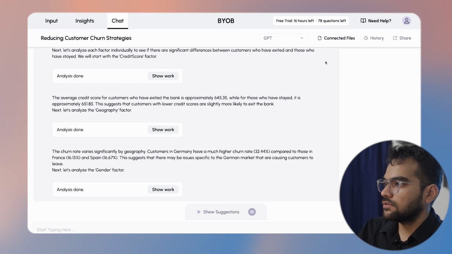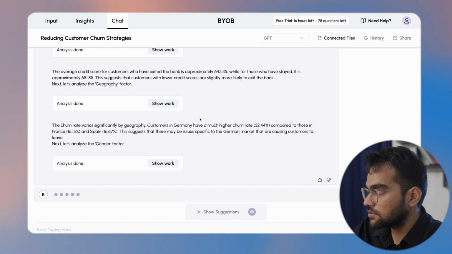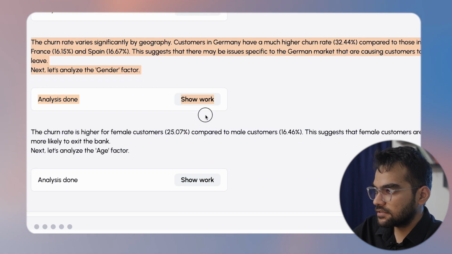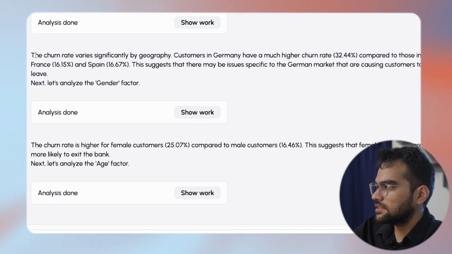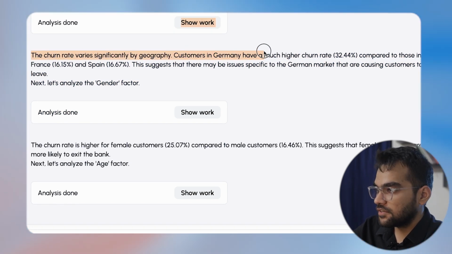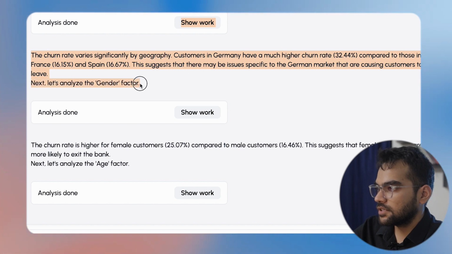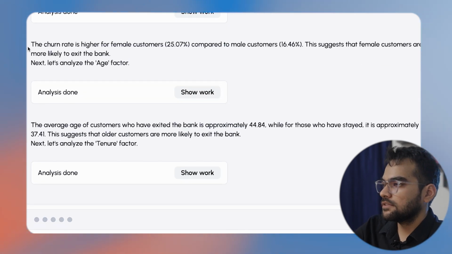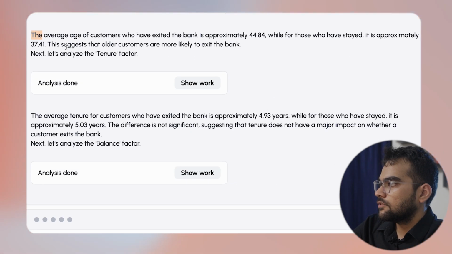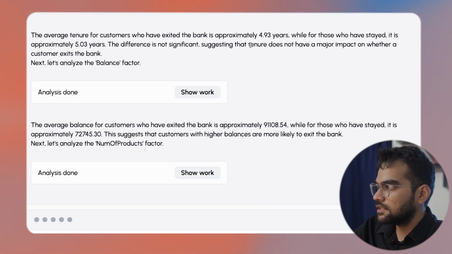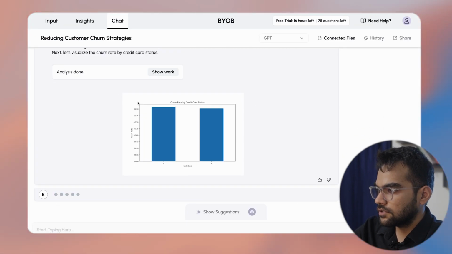Right now it's looking at it in terms of credit scores and geography, and it says that Germany customers have a much higher churn rate, followed by gender analysis, and it says 25% of the customers who left are female customers and 16% are male customers, followed by average age of customers who have exited, and so on and so forth.